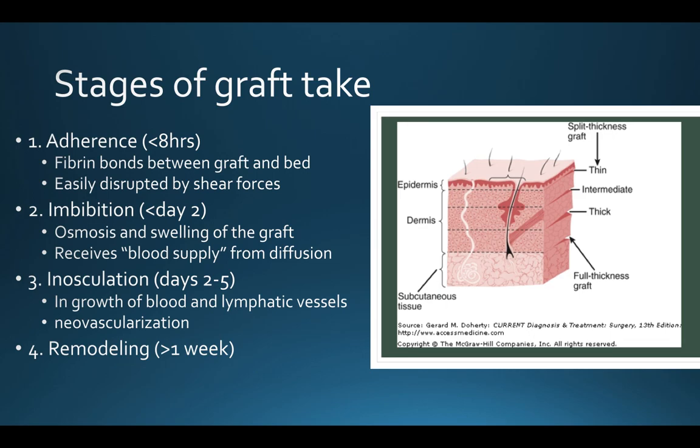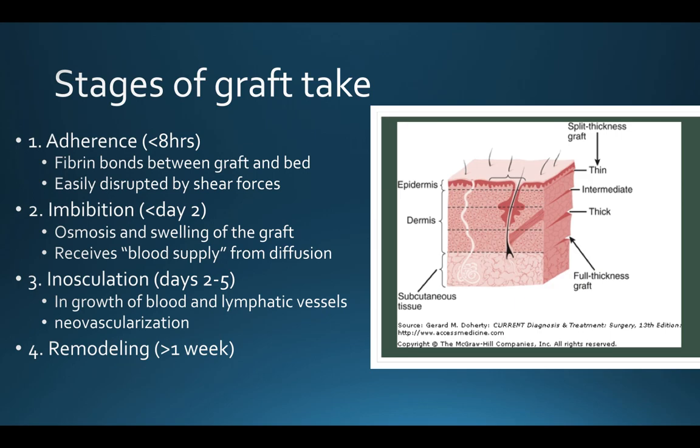So for the first 2 days, the graft receives its blood supply by imbibition, which is kind of osmosis or diffusion of nutrients or blood supply through the graft, and that is how the graft stays alive during those days.